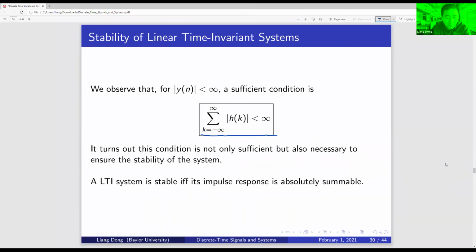A linear time-invariant system is stable if and only if its impulse response is absolutely summable. How do you check a stable LTI system? You look into its impulse response h[n], and if h[n] satisfies this absolutely summable condition, then I have a stable system.